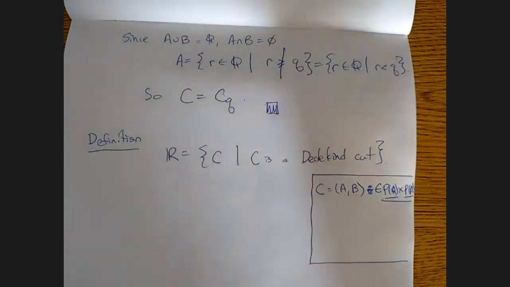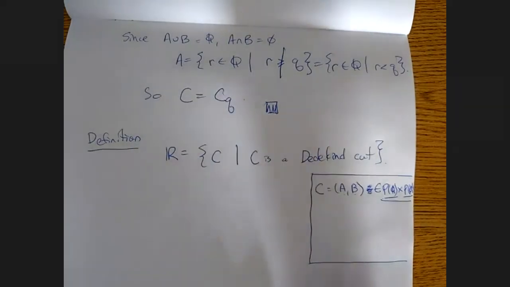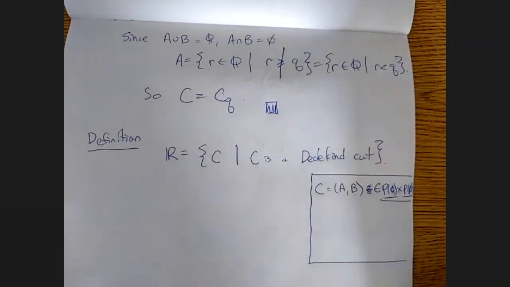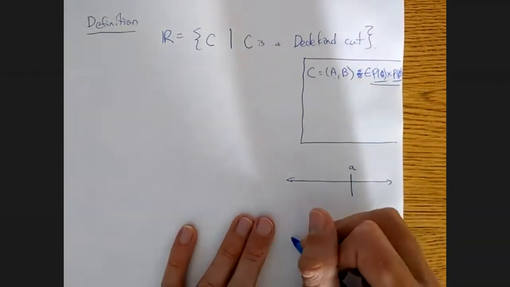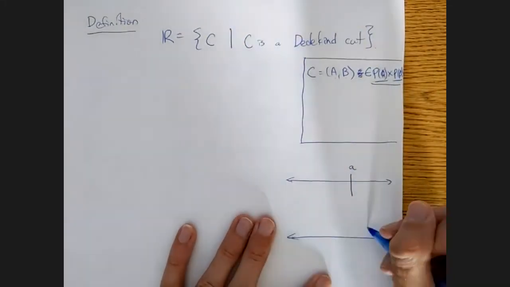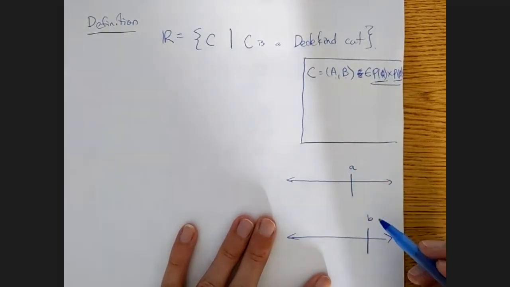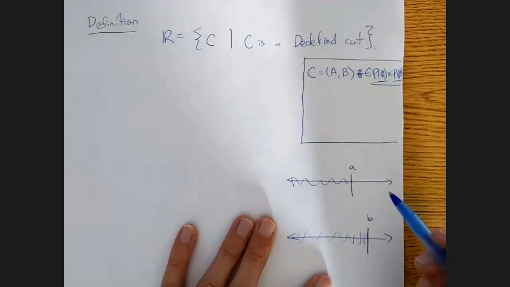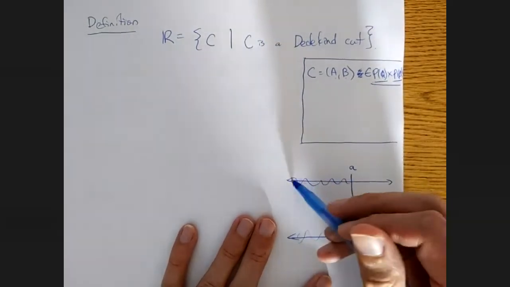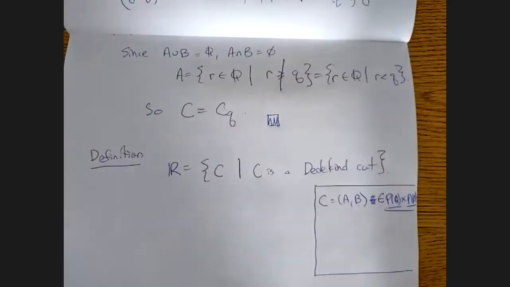Because each real number is like a way to cut the rationals. So this might be the real number A, and this might be the real number B, and A is going to be less than B because this half of the B cut is more than this half of the A cut.